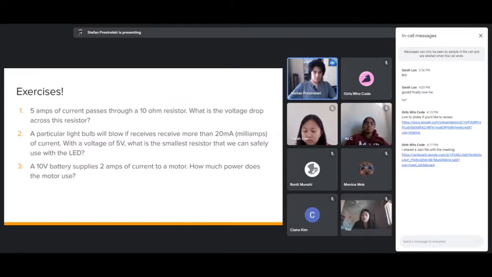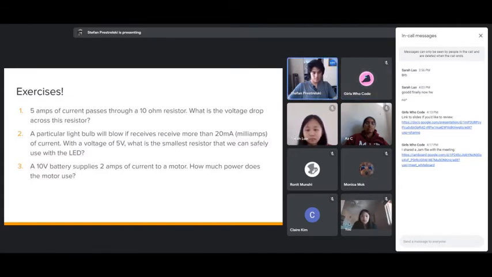P equals 2 amps times 10 volts, which means P simply equals 20 watts. That's pretty simple.